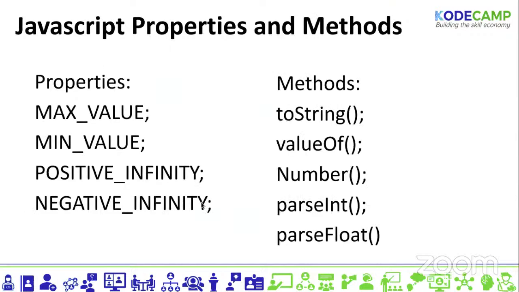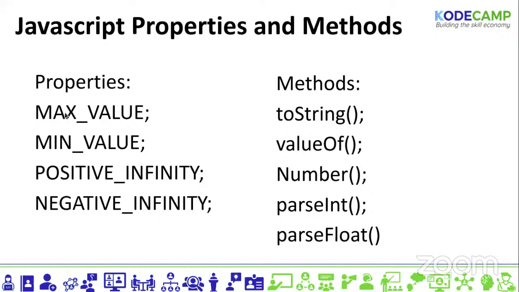So then we talk a bit about JavaScript number properties and methods. These are JavaScript number properties and their methods. So we talk about max value, min value, positive infinity, and negative infinity.